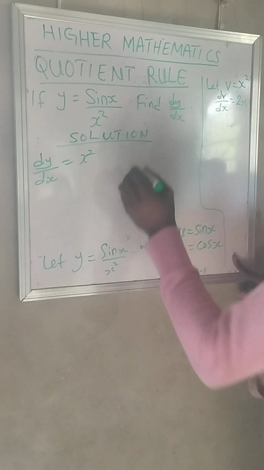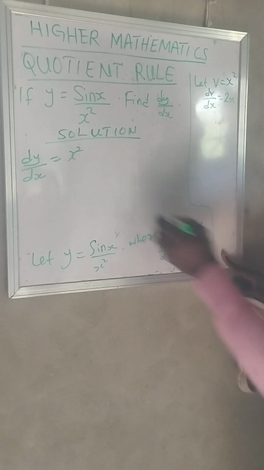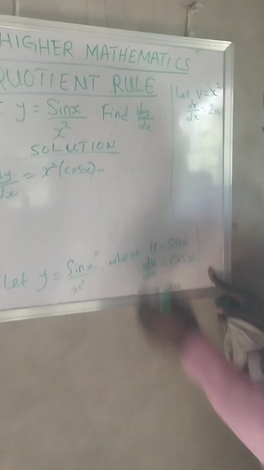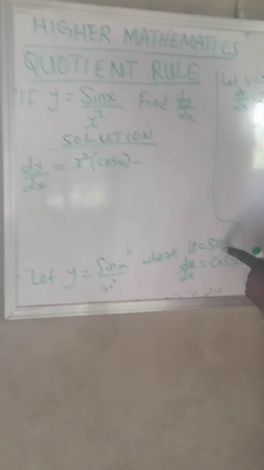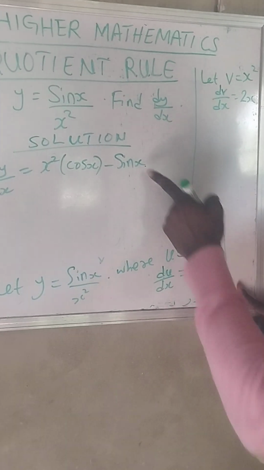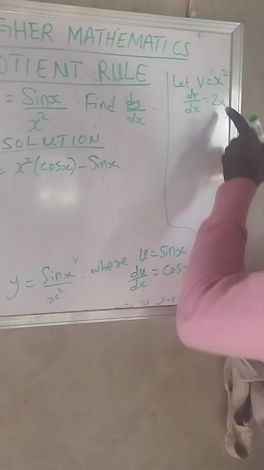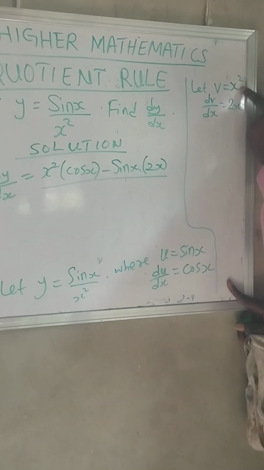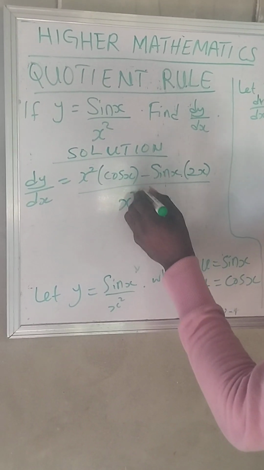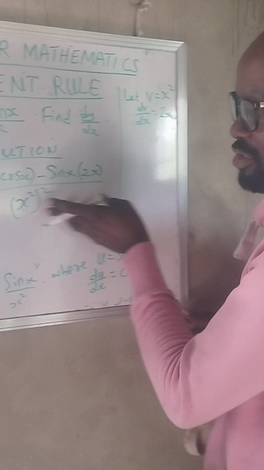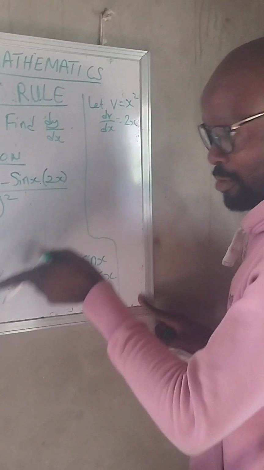V du dx, cos x, minus u, which is sine x, dv dx, which is 2x, all over v squared. What is v squared? X squared, all squared. From the formula, I substitute into the initial formula I wrote on the board.